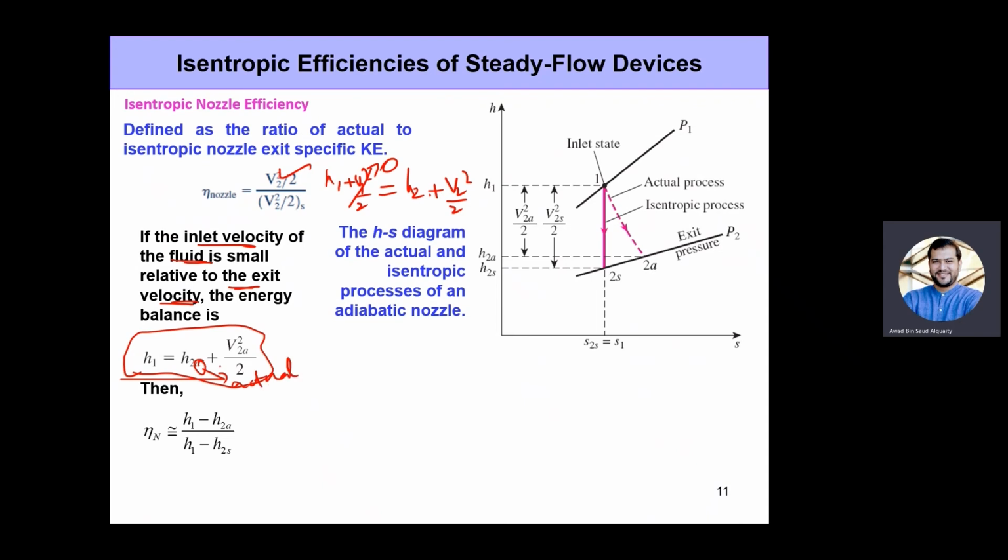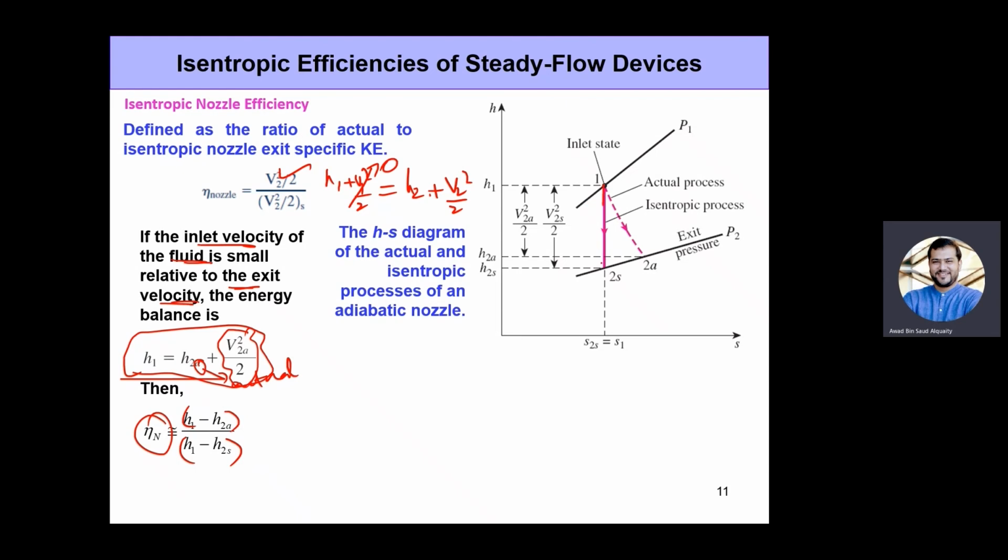Now, once you have that, then you can define the isentropic efficiency as H1 minus H2a, because we are simply looking at the ratio of specific kinetic energies at the exit. So it's going to be equal to H1 minus H2a divided by H1 minus H2s. Okay. And again, when you look at it, if the process in the nozzle is isentropic, it goes along a straight vertical line.